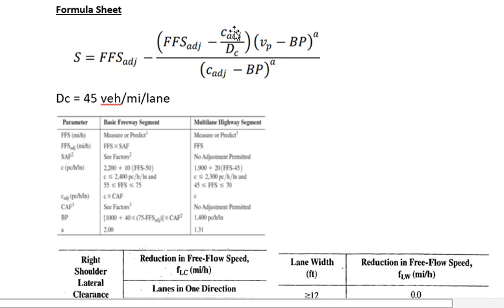I cannot go above capacity or below breakpoint. Below breakpoint there's no curve, and above capacity again no curve. So I have to assume some values of Vp between breakpoint and capacity and find out the value of speed. Okay, so let me take some values and I will find out the speeds.